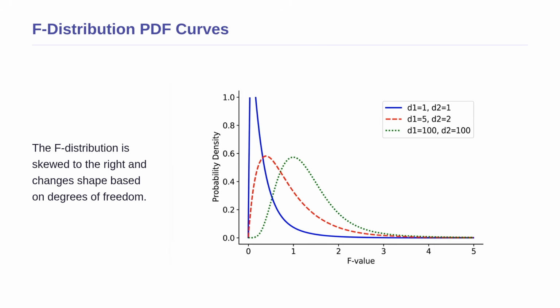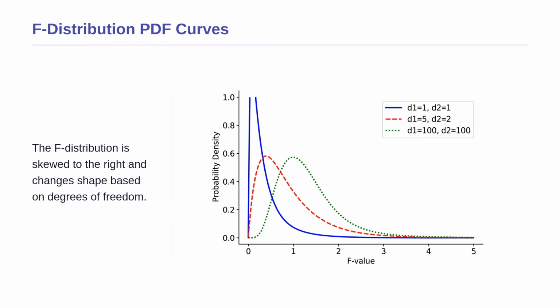Now that we have derived the complex formula, let us visualize what it actually looks like. Here we see the F distribution probability density curves. The horizontal axis represents the calculated F value, and the vertical axis is the probability density. Notice that the curves start at 0. They never go into the negative numbers because variances are always positive.